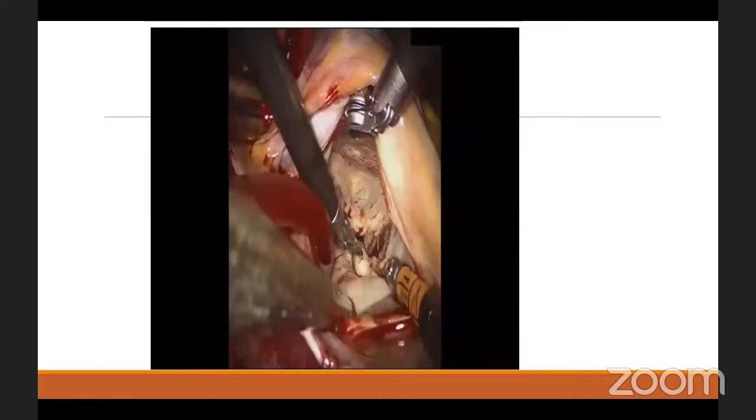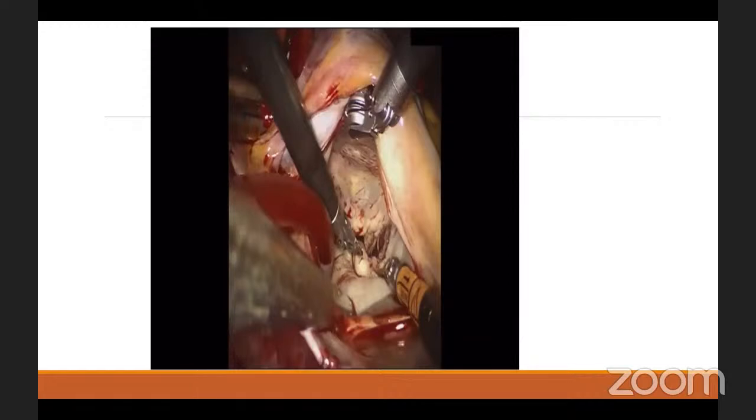Can I ask you a question, please? Yes. So, what is the difference between quadrangular resection and triangular resection? And when do we use triangular, when do we use quadrangular, and when do we use the sliding plasty? What are the indications for each repair?